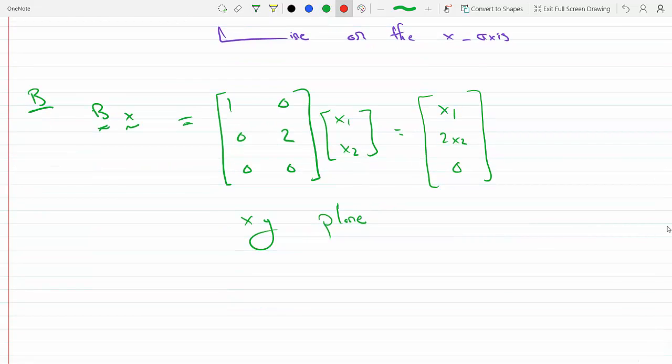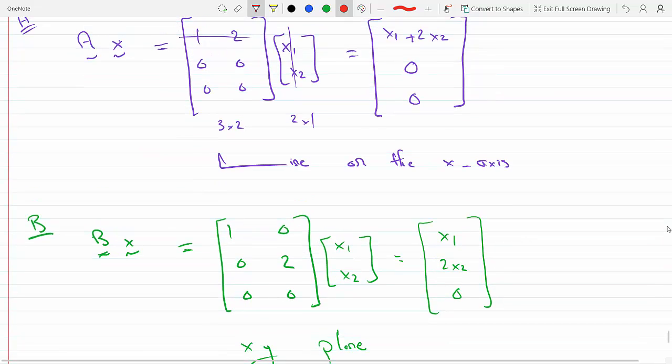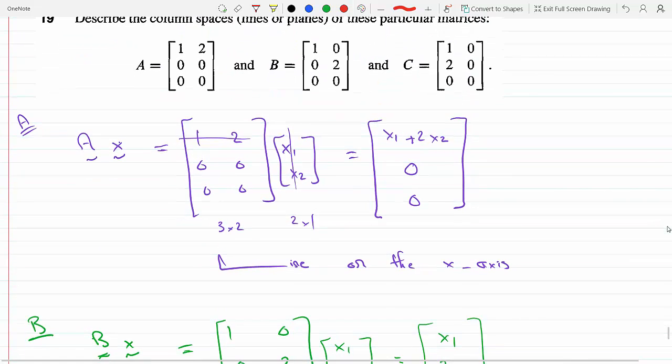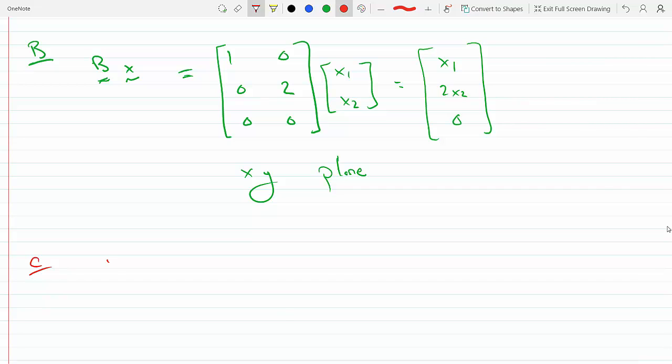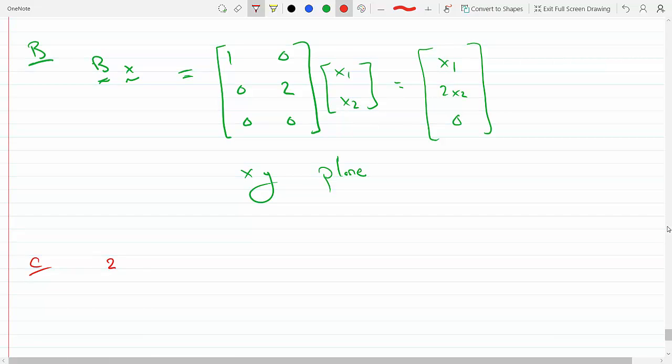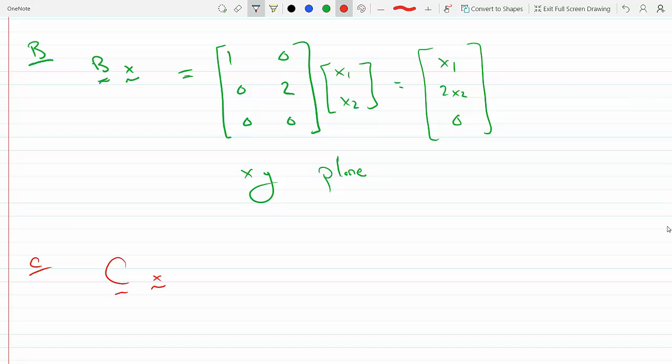Okay, let's go to C. Let's see, we have 0 0 0 here. So it's going to be CX, and C is 1 2 0 0 0 0 times x1 x2.